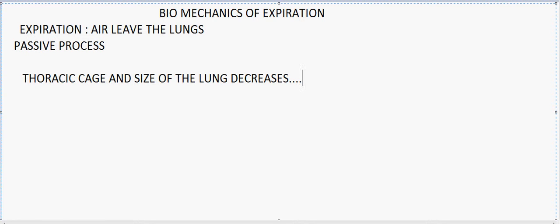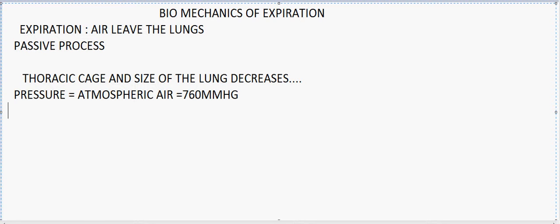And now we'll talk about the pressure changes which happen during expiration. First we'll note down the normal atmospheric pressure. The normal pressure for atmospheric air is around 760 mm Hg.